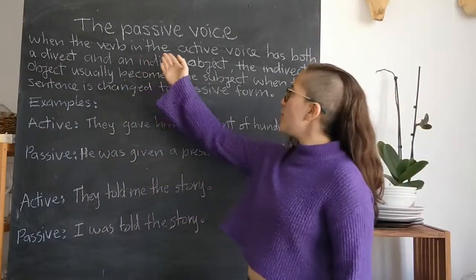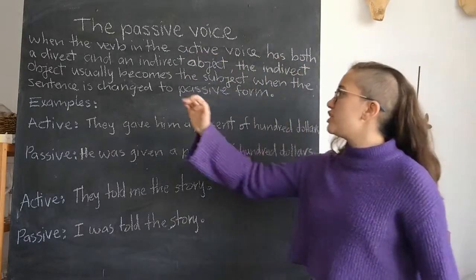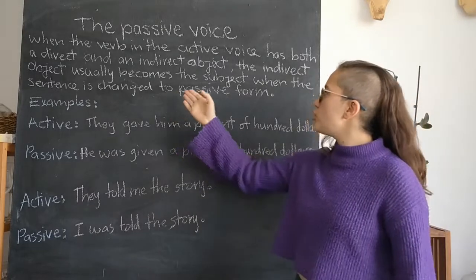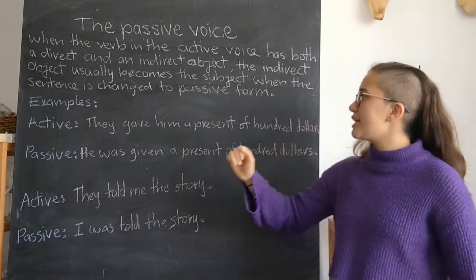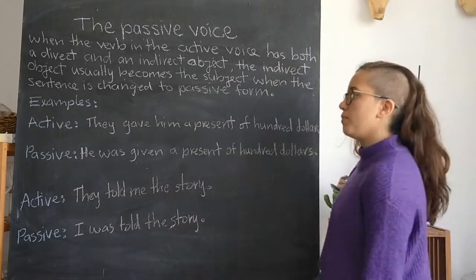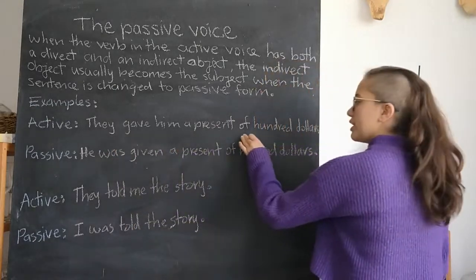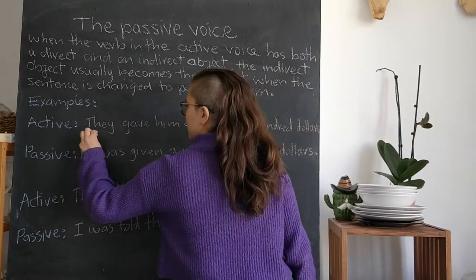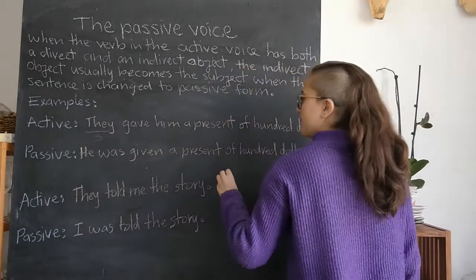Now, when the verb in the active voice has both a direct and an indirect object, the indirect object usually becomes the subject when the sentence is changed to passive form. For example, they gave him a present of $100. They is the subject, okay?